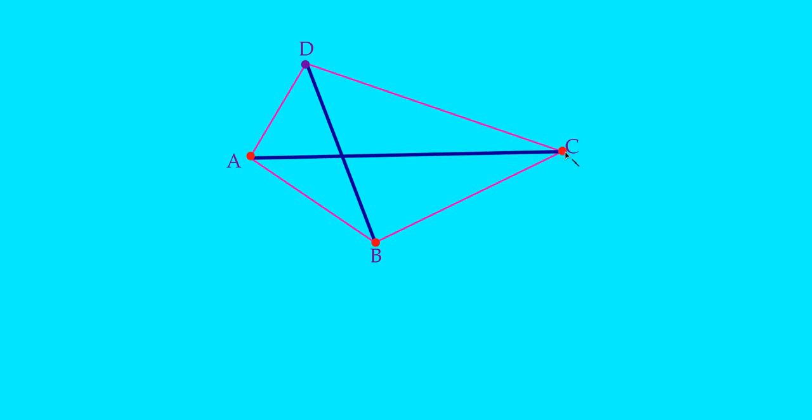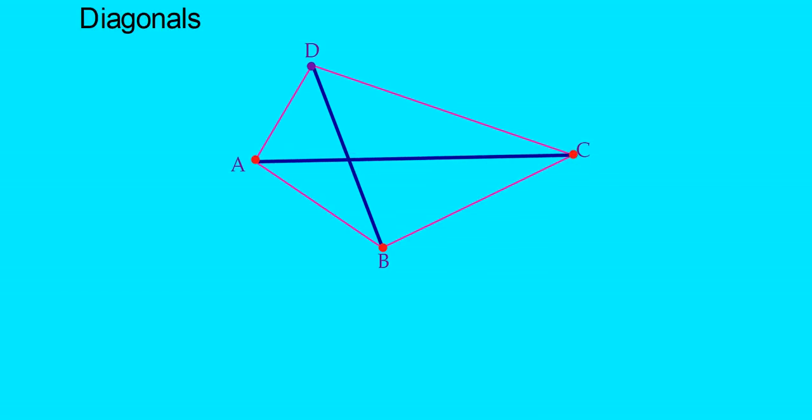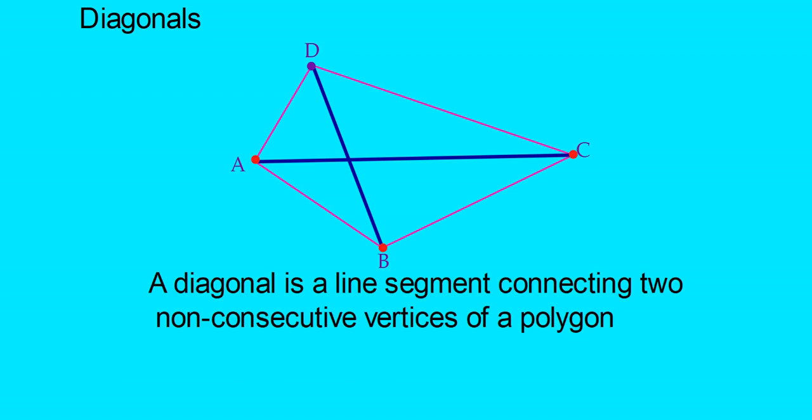These are called diagonals of this quadrilateral ABCD. That is, a diagonal is a line segment connecting two non-consecutive vertices of a polygon.